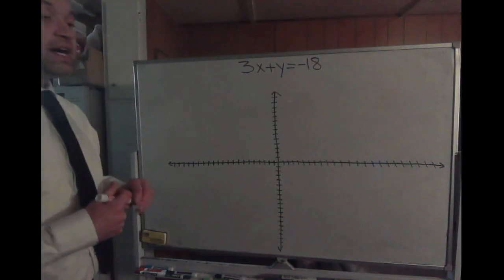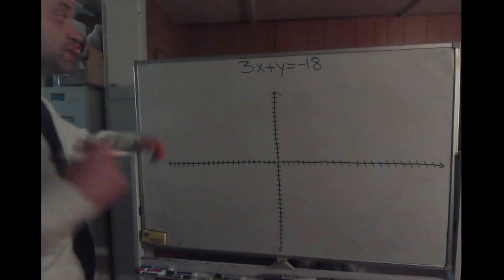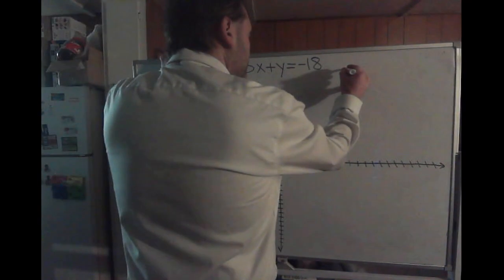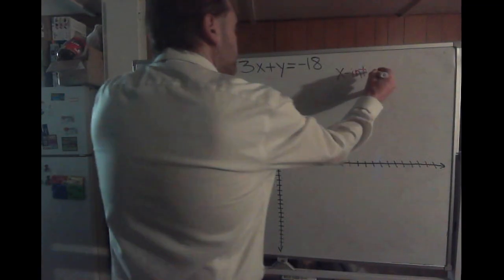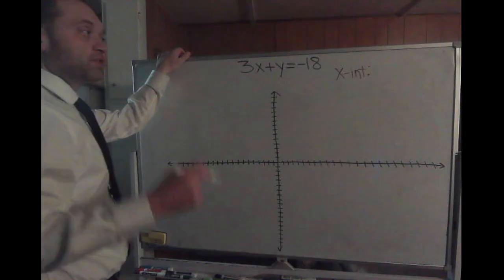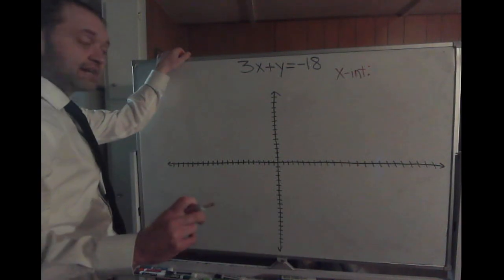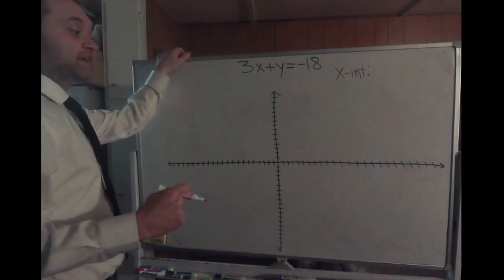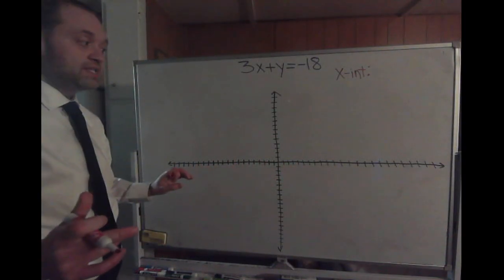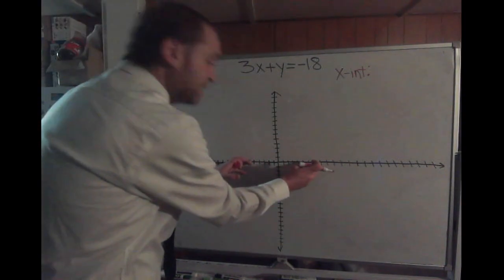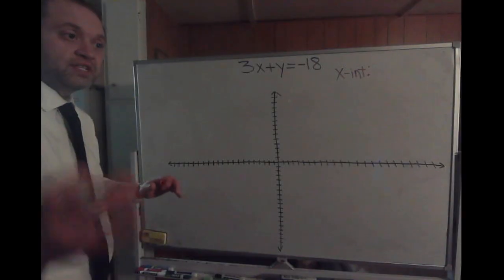So in order to find the x-intercept first, what would be true for that? That's where the graph crosses the x-axis. Well, if something's crossing the x-axis, your y-coordinate's always 0, right? If it's right on the x-axis, you have a y-coordinate of 0.